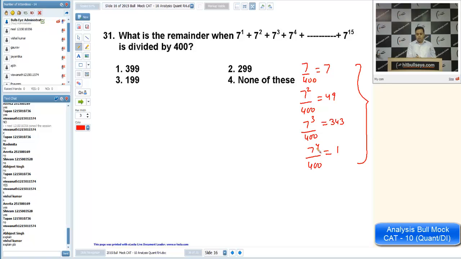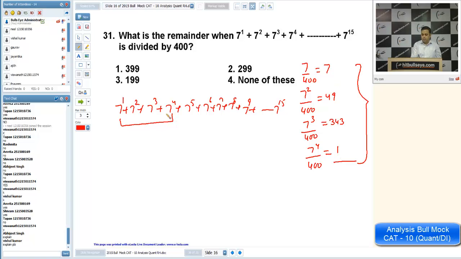Now, I am writing down the expressions once again. So now from here, if I add up all these numbers, the remainder will be equal to 7 power 1 plus 7 power 2 plus 7 power 3 plus 7 power 4.